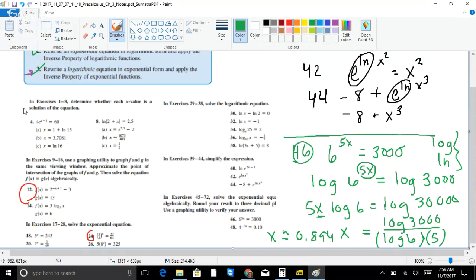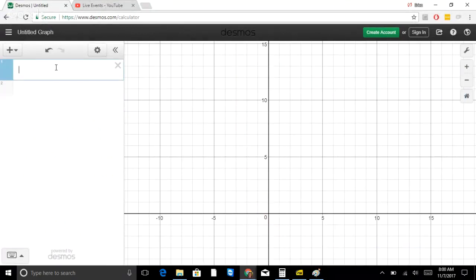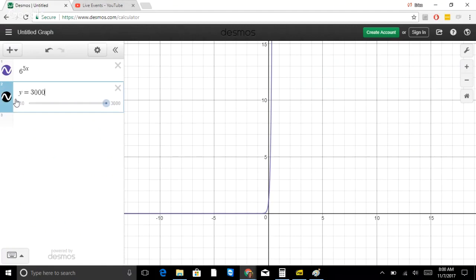Okay, and then we can verify this graphically. This is going to be fun to graph because our value is 3,000. The original equation was y equals 6 to the 5x power, the very fast exponential, and y equals 3,000.